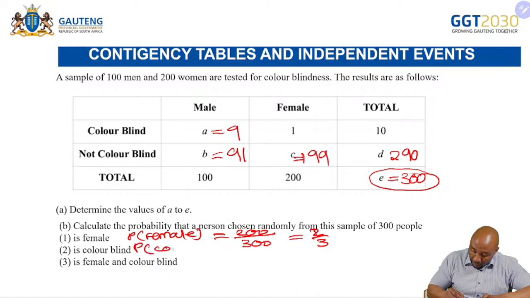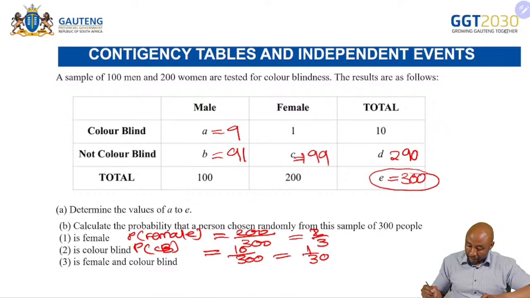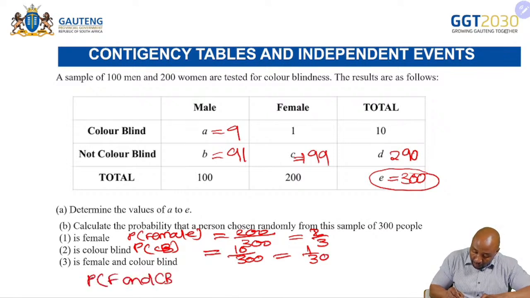P, colorblind. I'll use CB for colorblind. It will be equal to, how many are colorblind? We are having 10 out of a sample space of 300, giving us 1/30 as a probability. We want to find the probability that a person chosen at random is female and colorblind.